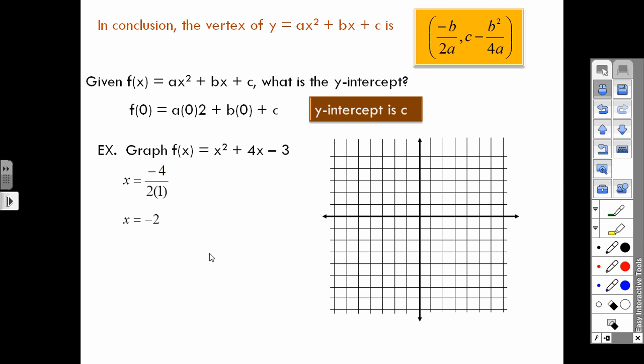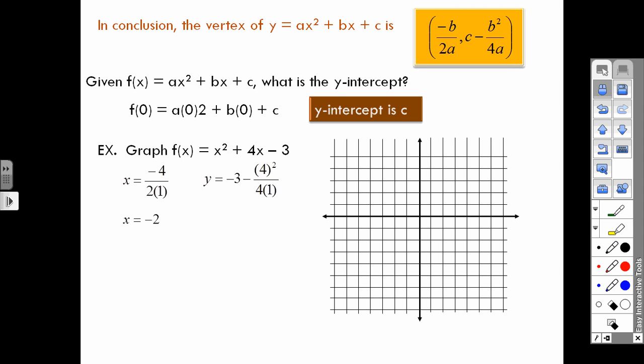We end up getting negative 2. Now, yes, you can take negative 2 and plug it in here and evaluate that if you prefer. I'm going to use this formula because I feel like most of you have never used that before, so I want you to see how that works. So y is going to equal c minus b squared over 4a.